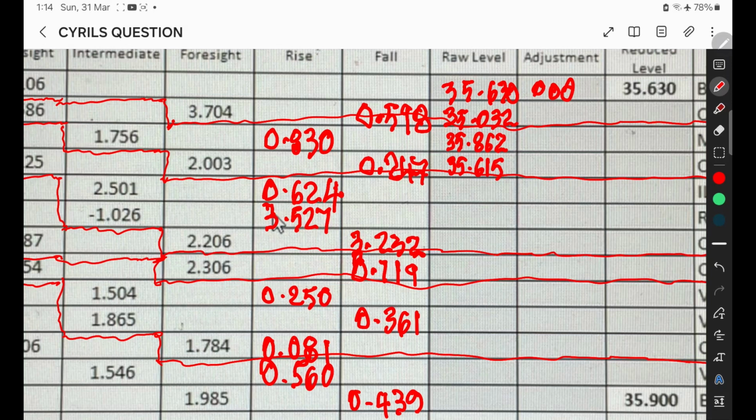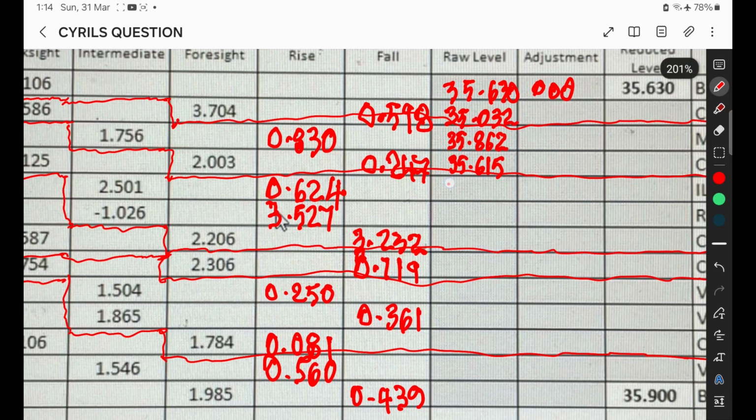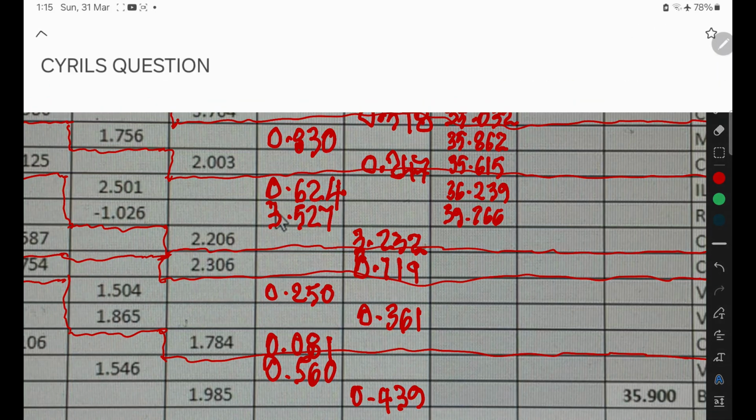Plus 0.624, 36.239. So we're adding the rises, subtracting the falls. 3.527, so that's going up to the roof. 39.766. Then back down again.